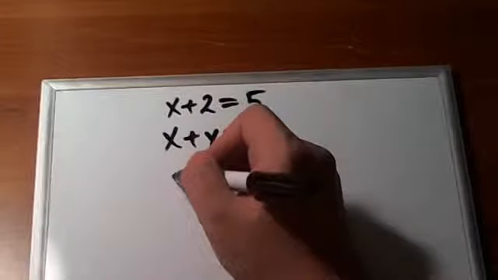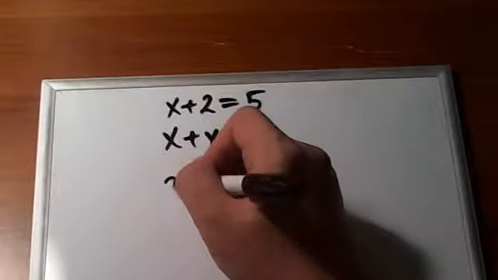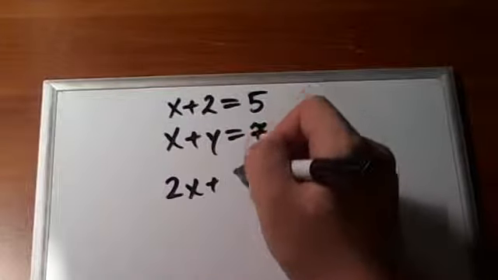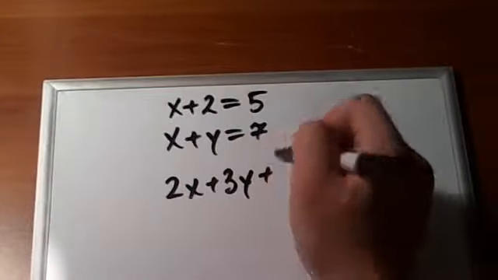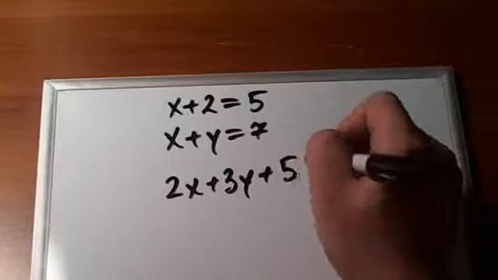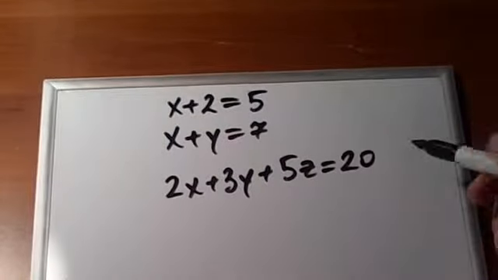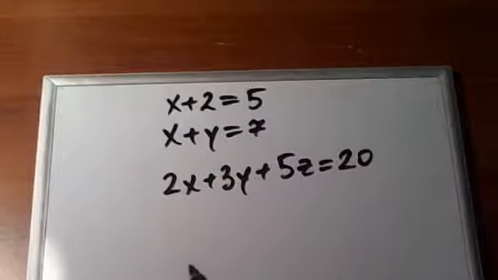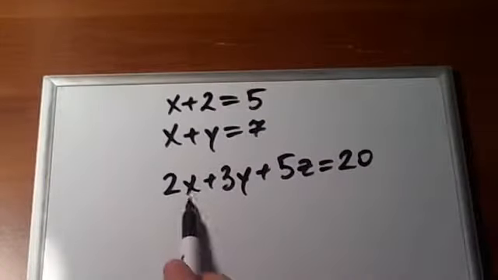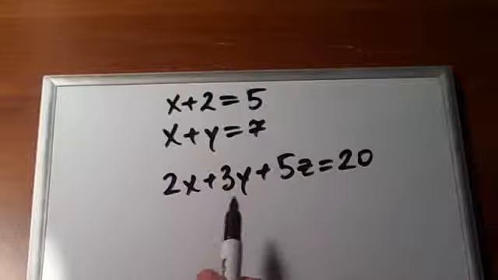When you see the equation in a form, let's say 2x plus 3y plus 5z is equal to some number 20, this is a linear equation as well with three unknowns, three variables x, y, and z.